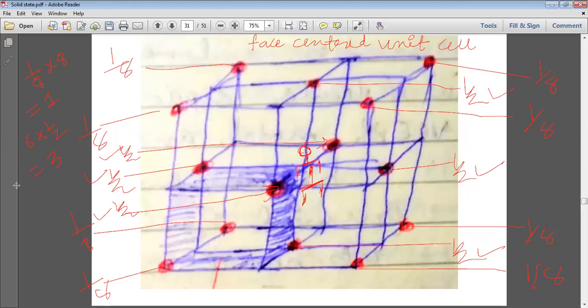So if we make the total out of these two, the total number of particles is 3 plus 1, which is equal to 4, my dear students. So in a face-centered cubic unit cell, there are a total of 4 particles present.